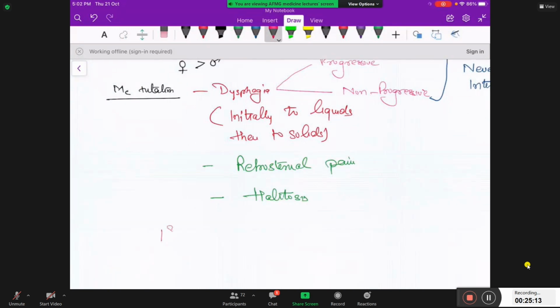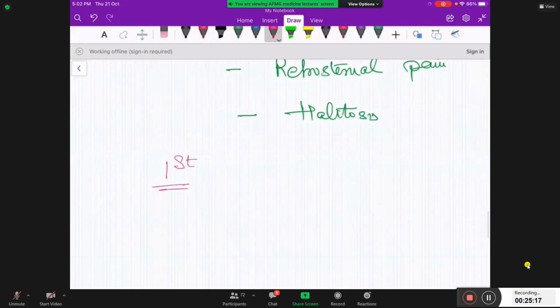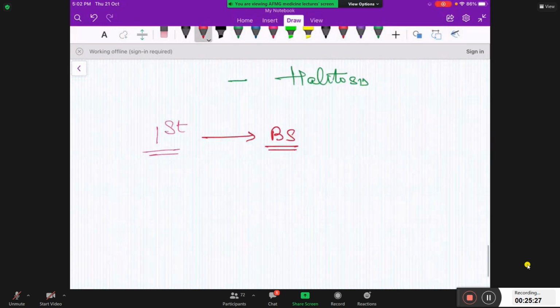Now, what will be the first investigation you are going to do if such a patient comes to you? Very good. The first investigation is barium swallow. And what do you get in barium swallow? Bird beak, pencil tip, or rat tail, which is more suggestive of carcinoma.